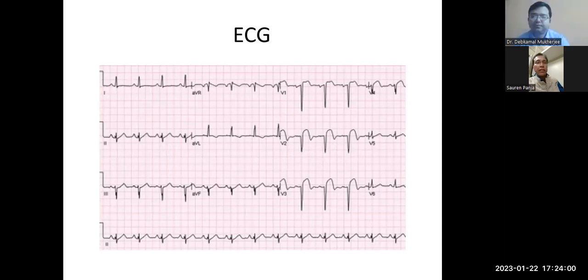If you are very good in clinical cardiology, you can judge these from the neck veins.